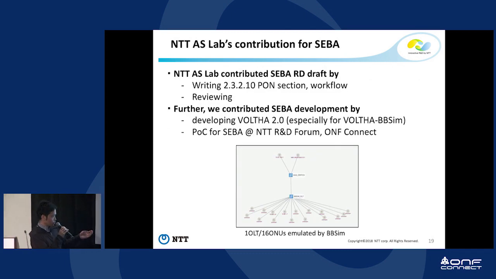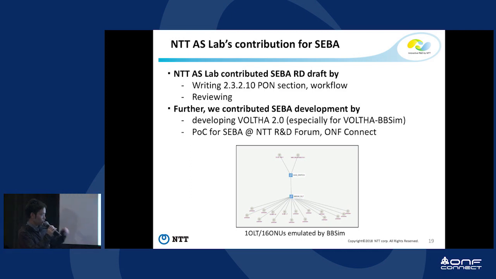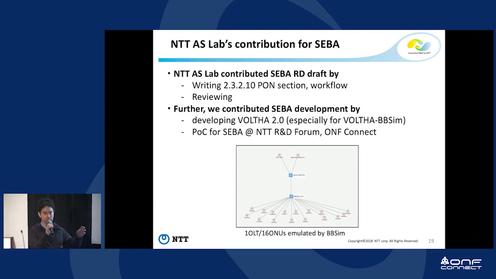As this picture shows, the limitation of the number of ONUs that current BBSIM can emulate is just 16 ONUs or 32 ONUs. However, I have to increase the number of emulated ONUs for scalability tests of VOTA and ONOS.